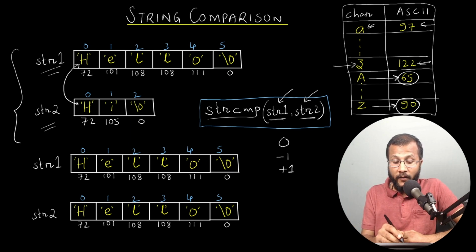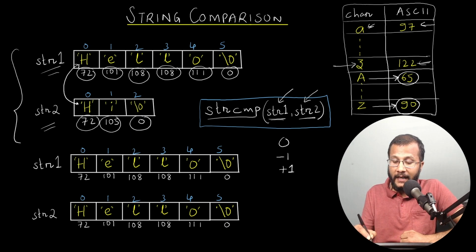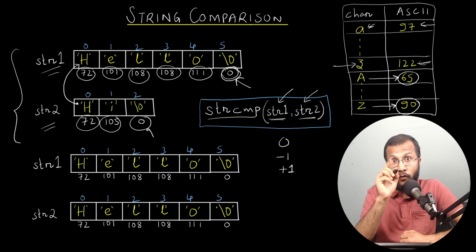Here in the strings, I have also given the ASCII codes. The ASCII code for capital H is 72, for small e is 101, for L is 108, and so on and so forth. I have given the ASCII code for all these characters in both the strings. And remember, the ASCII code for the null character is 0.